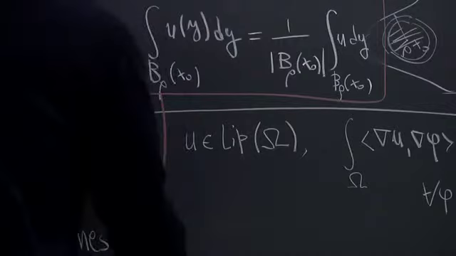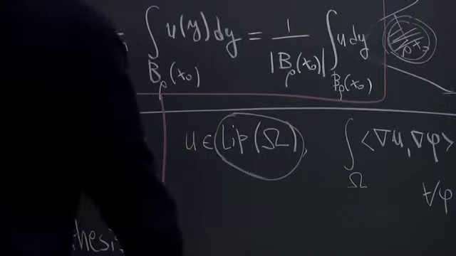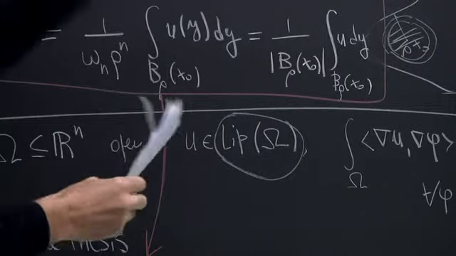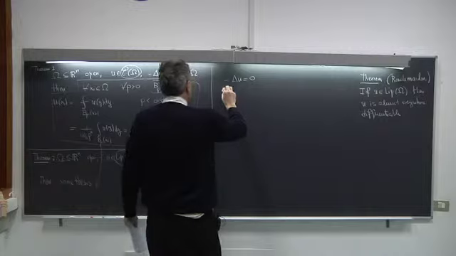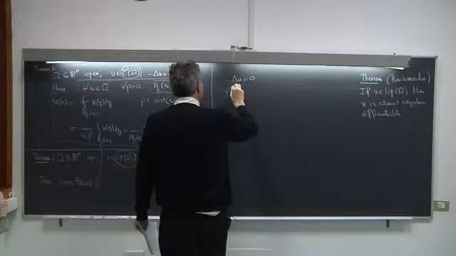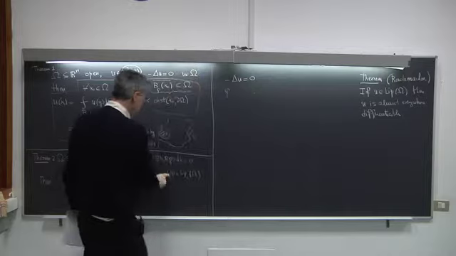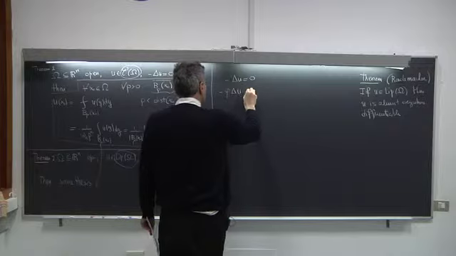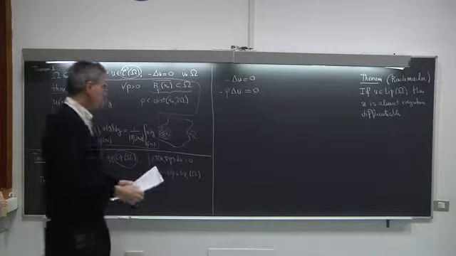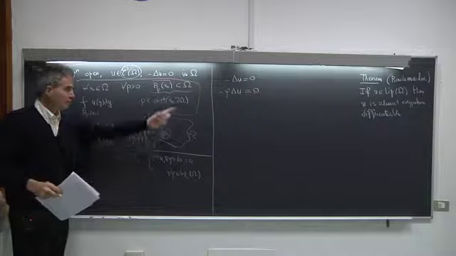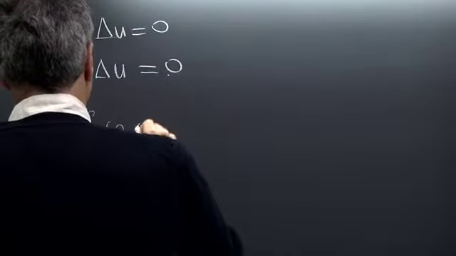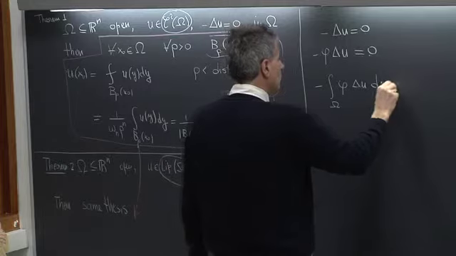On the other hand, it is clear that if u is C2, and I multiply by a test function in this class, this is still true. And if I integrate over omega, this is still true.